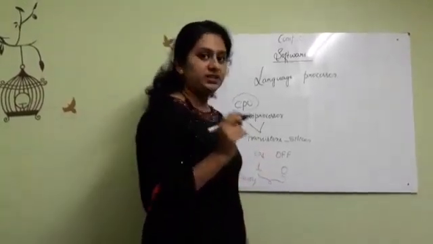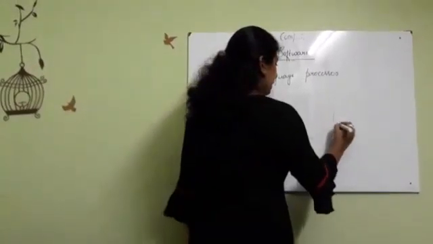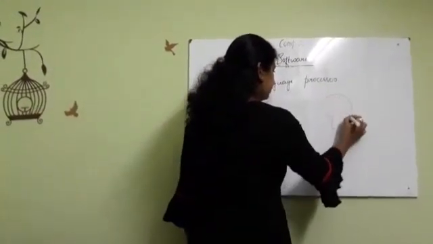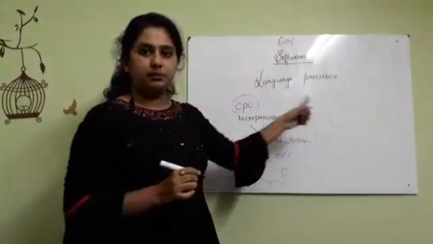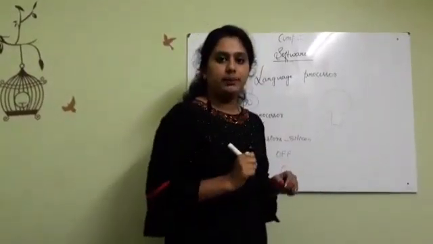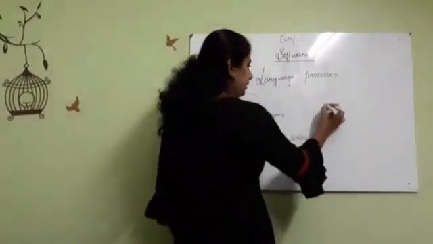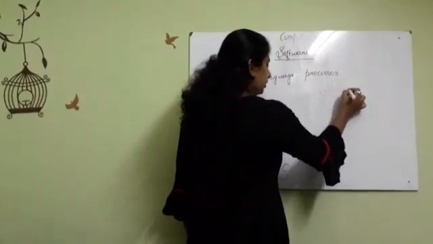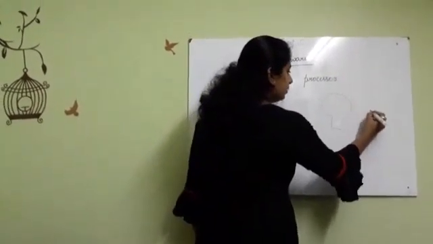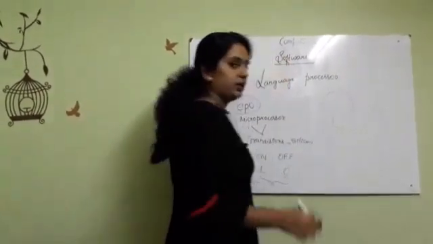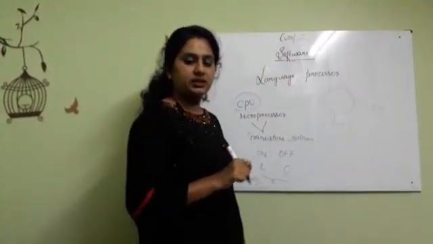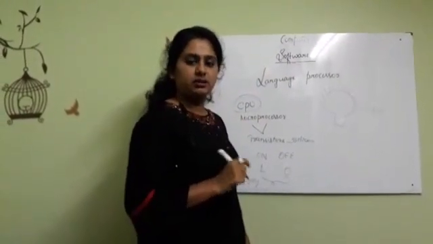Let us take one example for that: an electric bulb. When you switch on the power, what happens? The light is on. We consider this the on state. If you switch off the power, what happens? The light will not be shown, right?